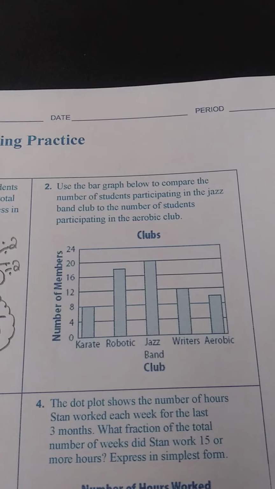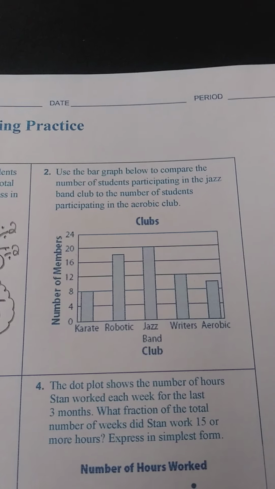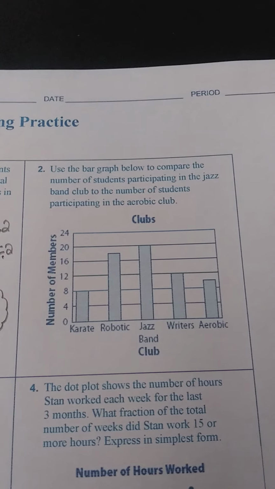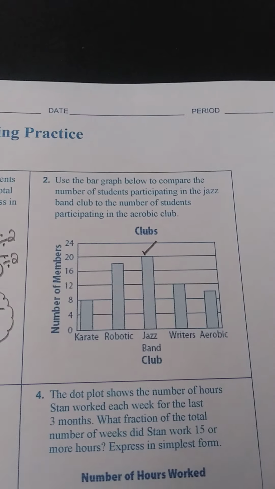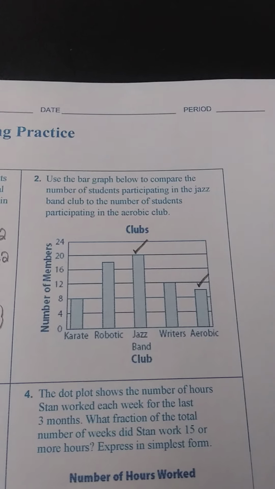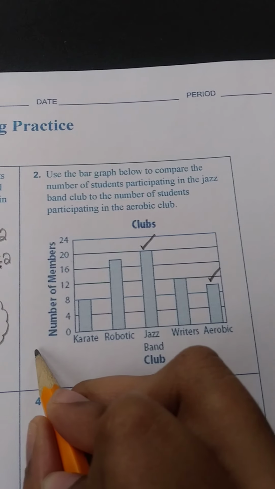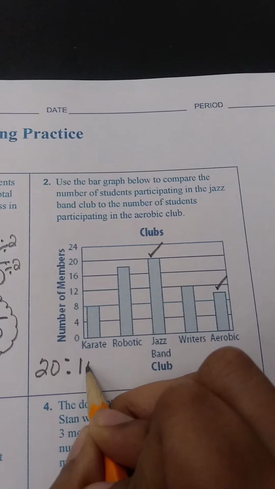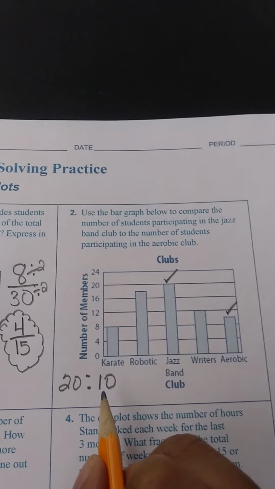It says use the bar graph below to compare the number of students participating in the jazz band club to the number of students participating in the aerobic club. All right, so we're comparing jazz, which is 20, to aerobics, which is 10. Now we have to write it: jazz, which is 20, to aerobics, which is 10. And if we look at that, we know that 20 is 2 times 10.